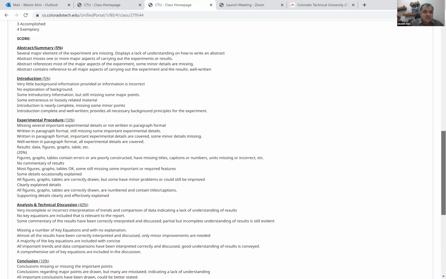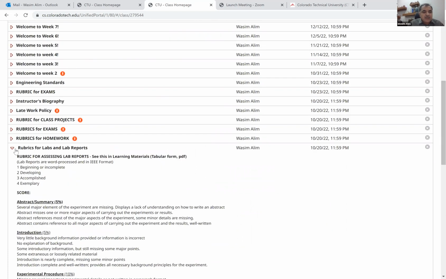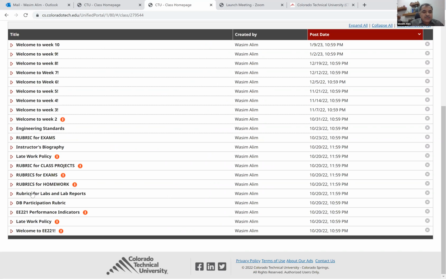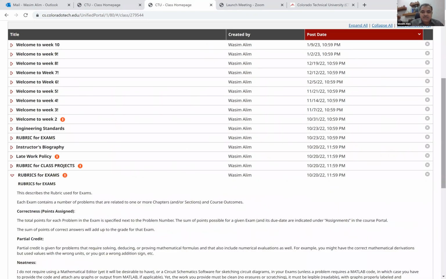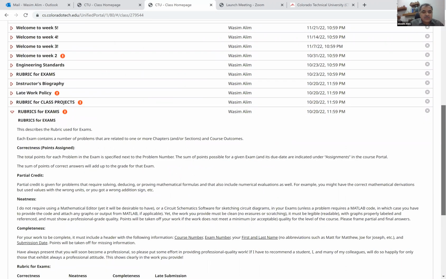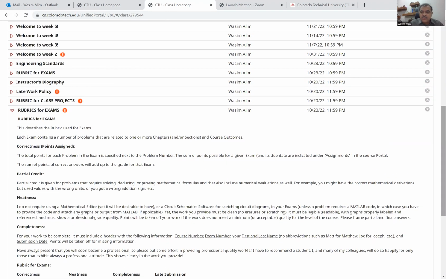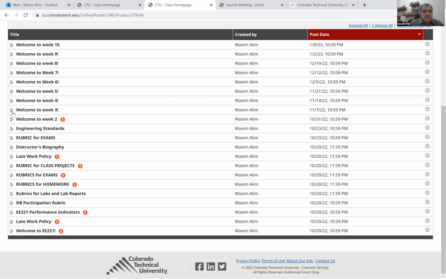So all that information is present here. And finally, the rubrics for the exams, which are very similar to the rubrics for your homework assignments, because of course it's going to be problem based, both of these assignments. So therefore you need to review them.